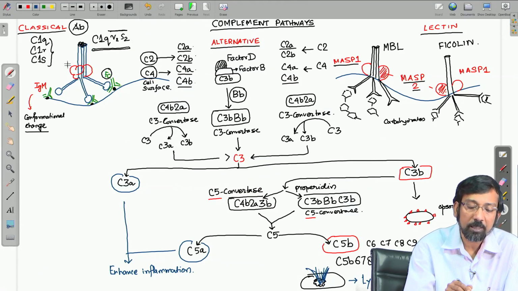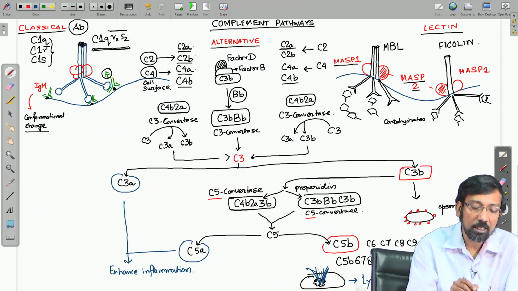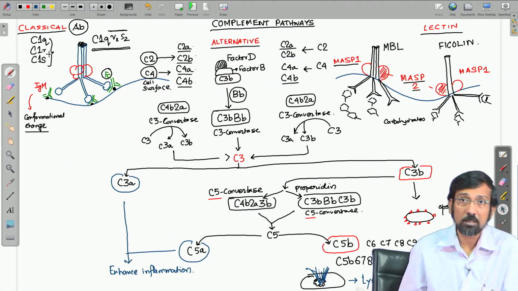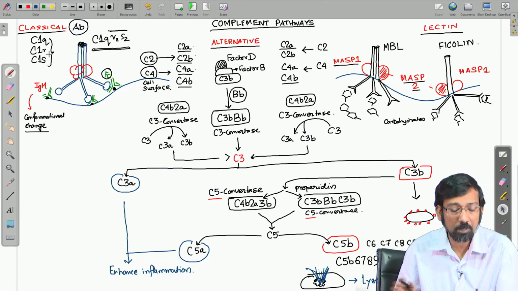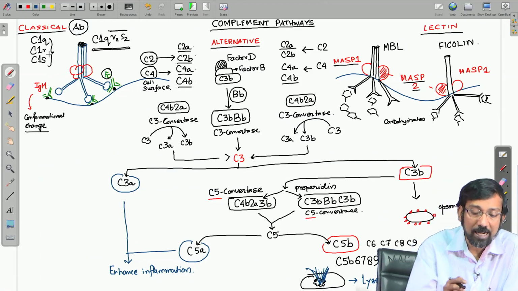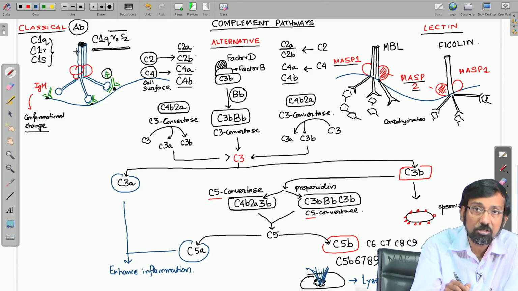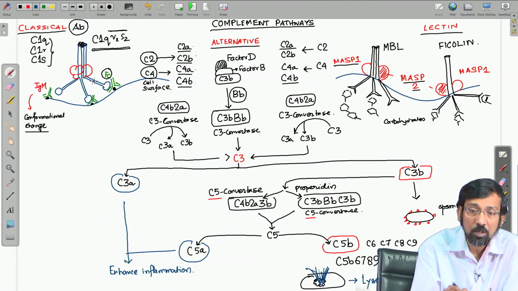The C1 complement here assumes an oligomeric structure, which is formed by the association of three subunits, the C1q, the R and the S, and they form this kind of an oligomer, of which the C1q itself contains 18 peptides, which are arranged in a ring like structure like this, and they associate with this R2 and S2 and form the C1q R2 S2.